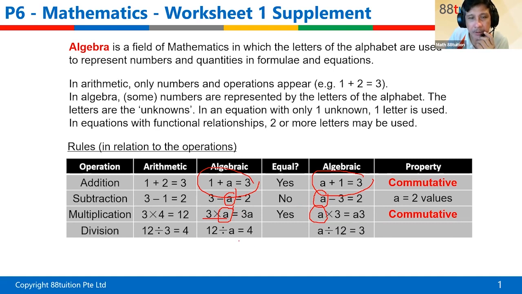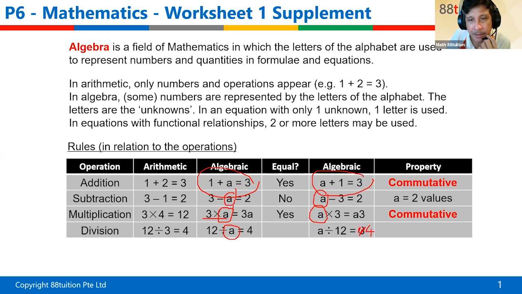So for division, in this case, if 12 divided by a, I can call a 3, the value of 3, then I will get 4. But on the other side, a divided by 12, let's say I don't put this as 3. Let's try to make it parallel. I put it as 4 as well.